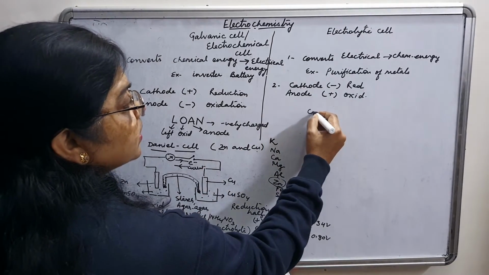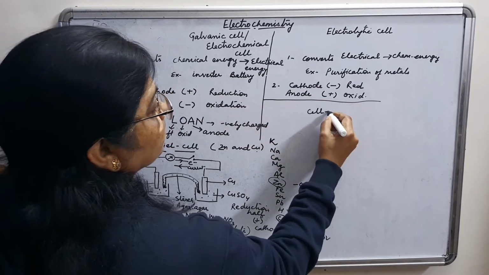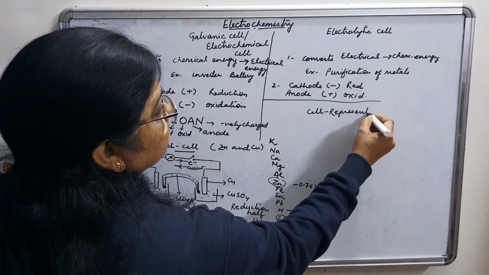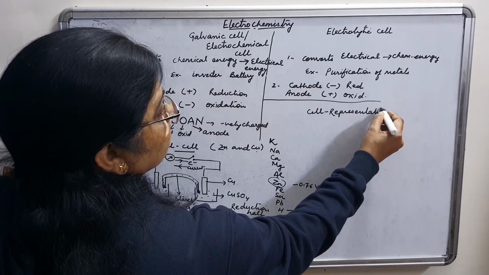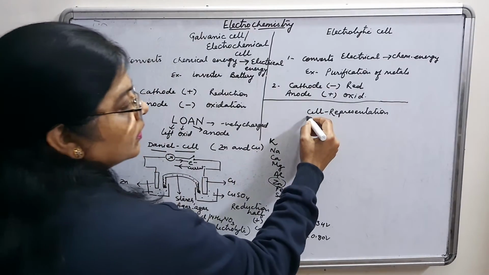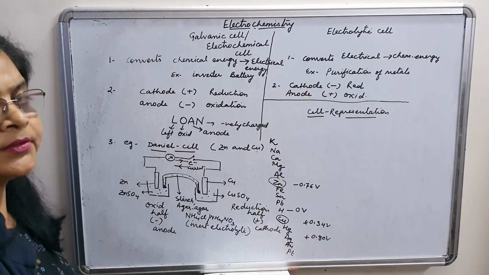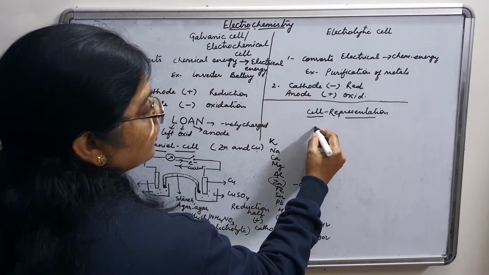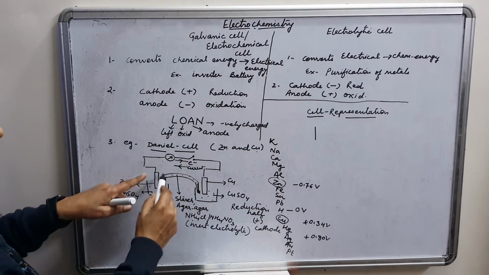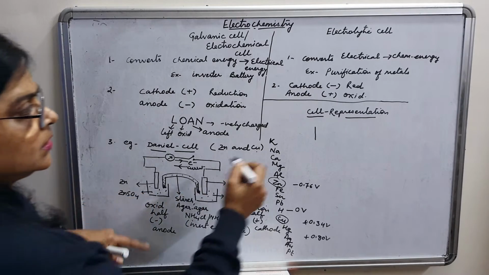Cell representation can be written as, where solid species are written outside. Outside means with the help of one vertical line, this species of oxidation half are separated.